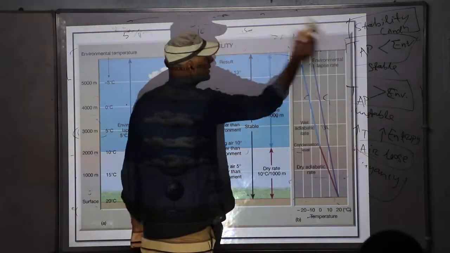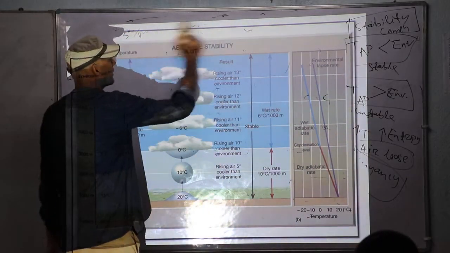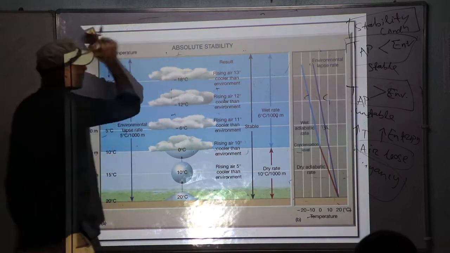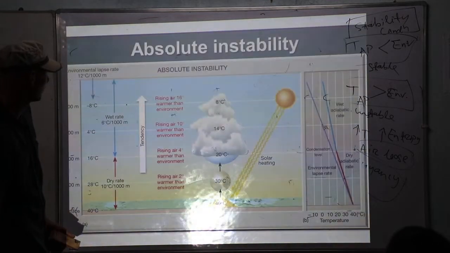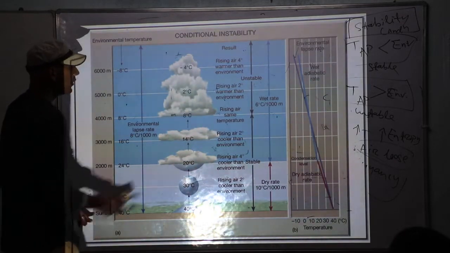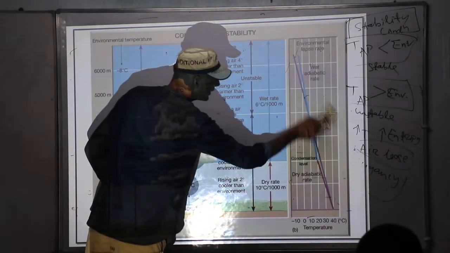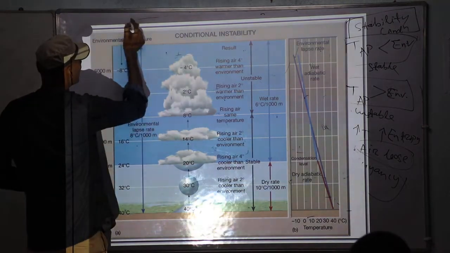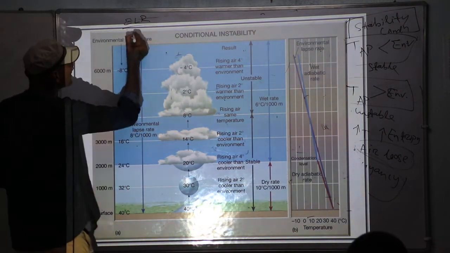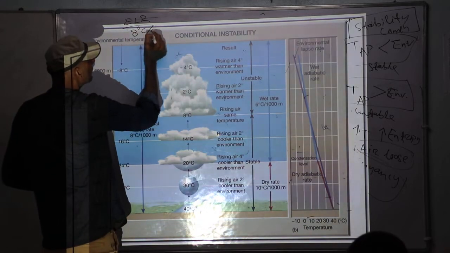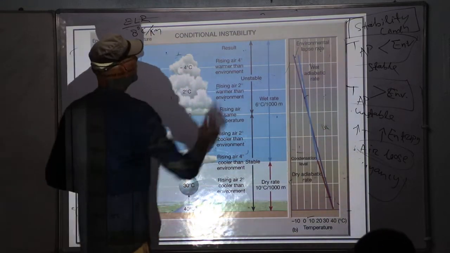Then we are going to discuss the conditional instability. Now talking about conditional instability, you can see here the environmental lapse rate is 8 degrees centigrade per kilometer. It is an example, as I have told.